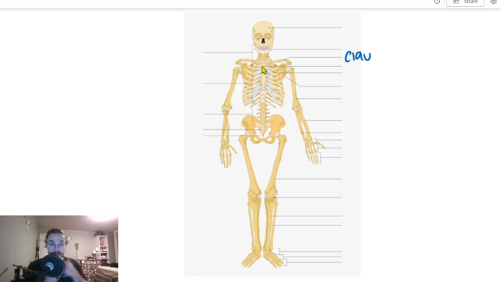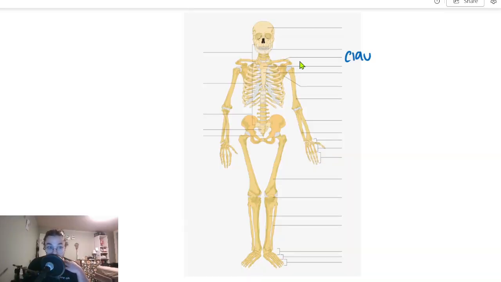Then I'm going to walk across my clavicle and find the end of my clavicle. The end of your clavicle is called the acromial extremity of your clavicle. And that's because right next to it, on the other side of the AC joint, or acromioclavicular joint, is the acromion of your scapula.